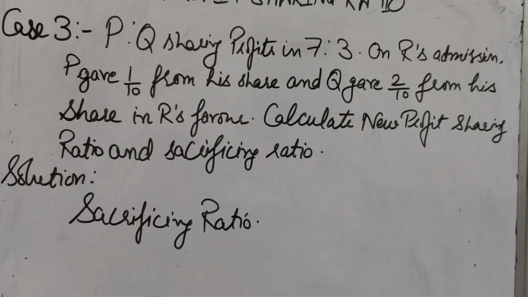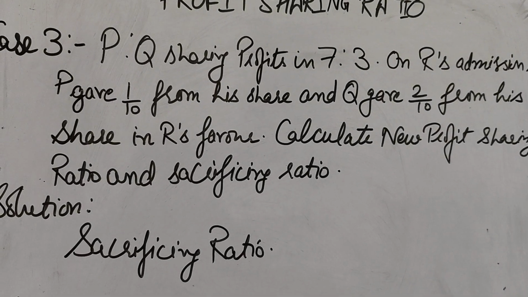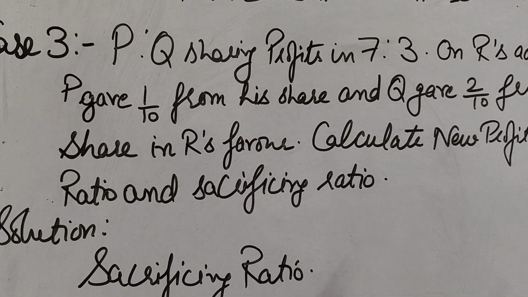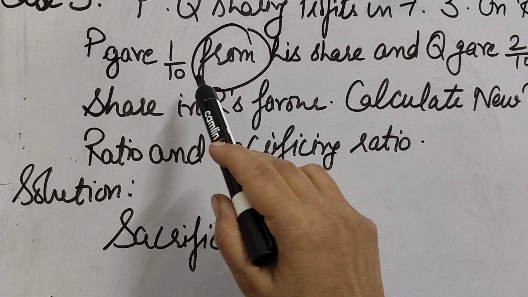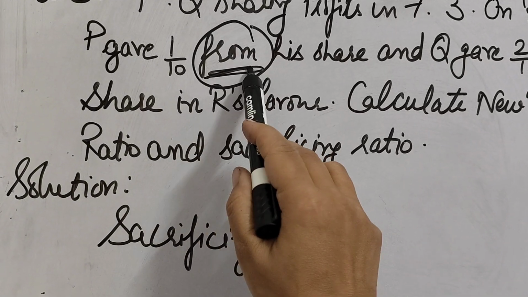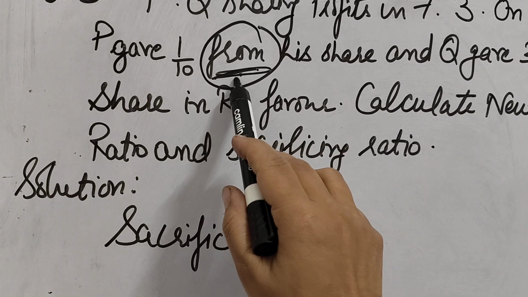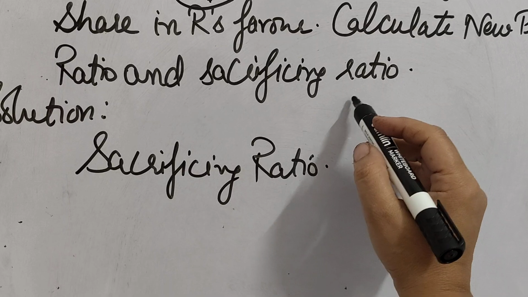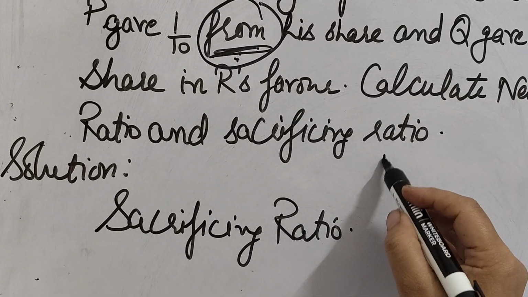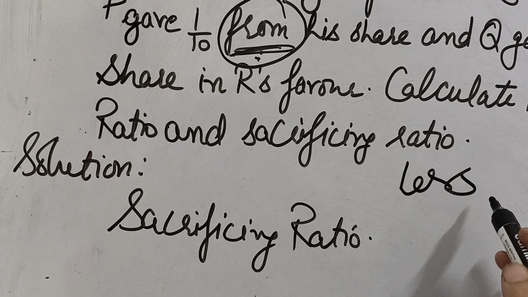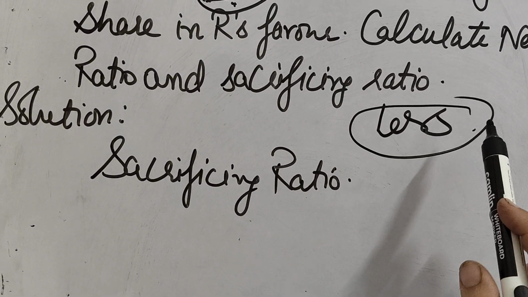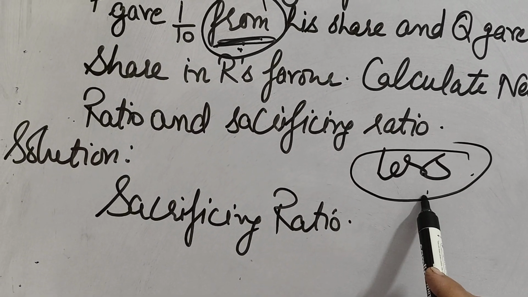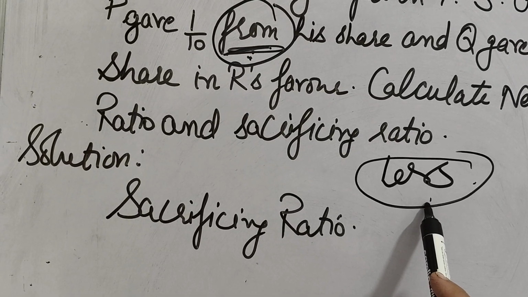First of all, when in the question you are given that P is to sacrifice from his share, that means here 1 by 10 shows that this is the share which is actually to be sacrificed. So here it is deductible from the given P's share to calculate the new profit sharing ratio.